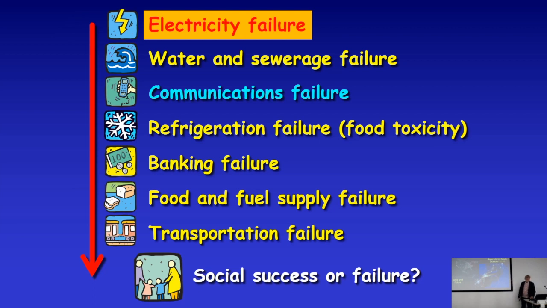So when electricity goes, then that also will affect water and sewage, electrically pumped, communications, electrically driven, refrigeration, which leads also to food toxicity, and a whole shed load of problems for food manufacture and storage, distribution, and of course toxicity effects medically. Banking fails.